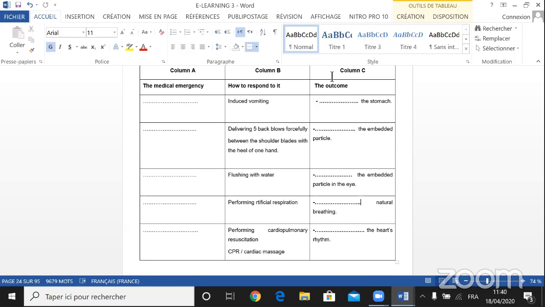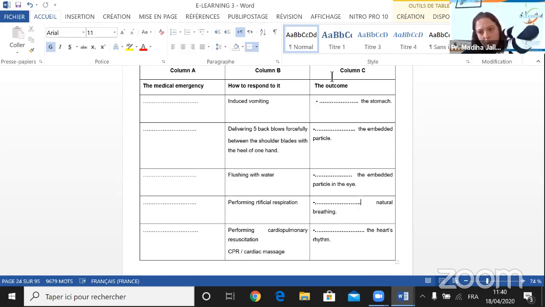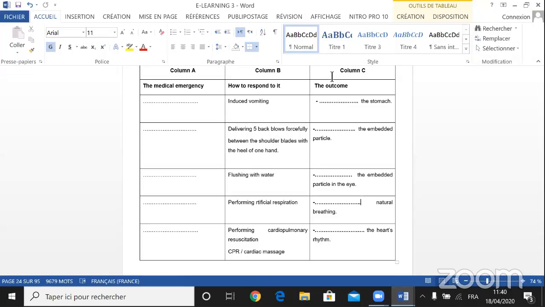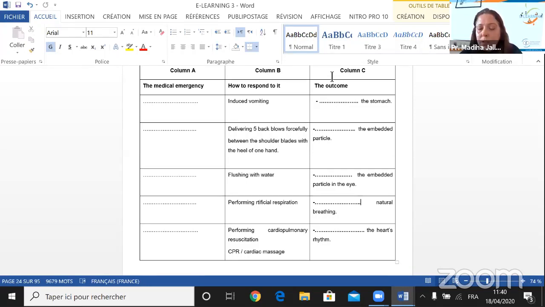So you deliver 5 back blows to respond to choking. And what is the outcome? The embedded particle. What happens to the embedded particle? Dislodged. It's dislodged. Nice. Good. It's removed. It's cleared.